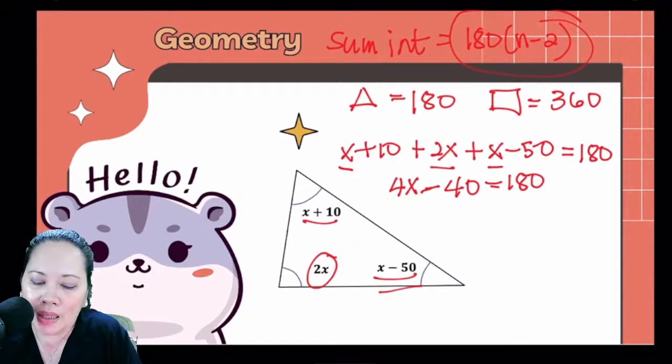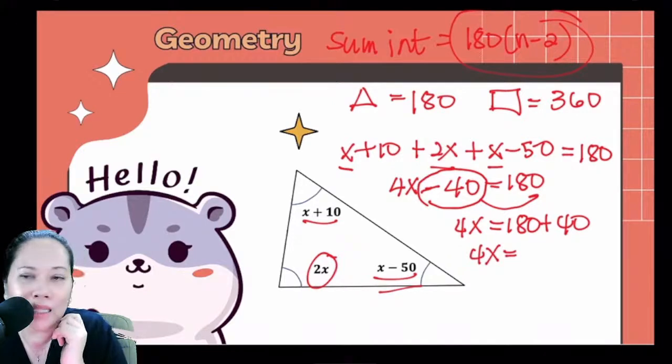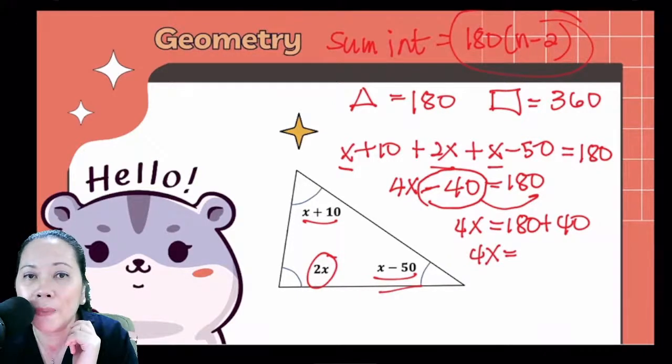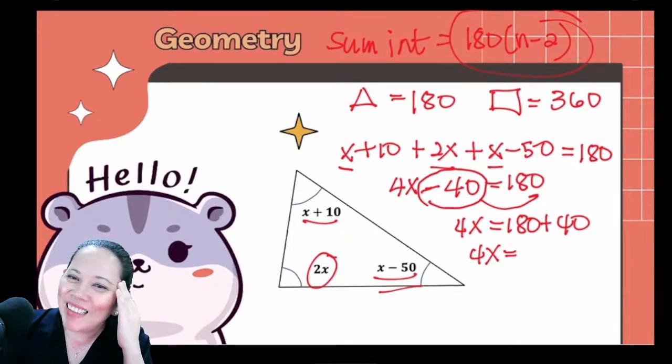All right, and then you just need to transfer this to the other side of the equation. 4x equals 180 plus 40. What do you think is 180 plus 40?